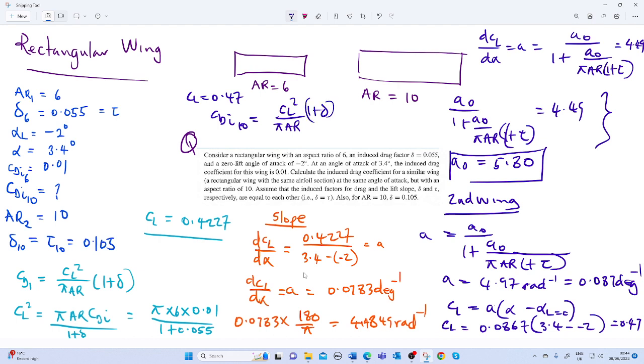If we slot in all the values, we find that our CDI for aspect ratio 10 becomes 0.00772. So our calculated induced drag coefficient for the similar wing of aspect ratio 10 equals 0.00772.